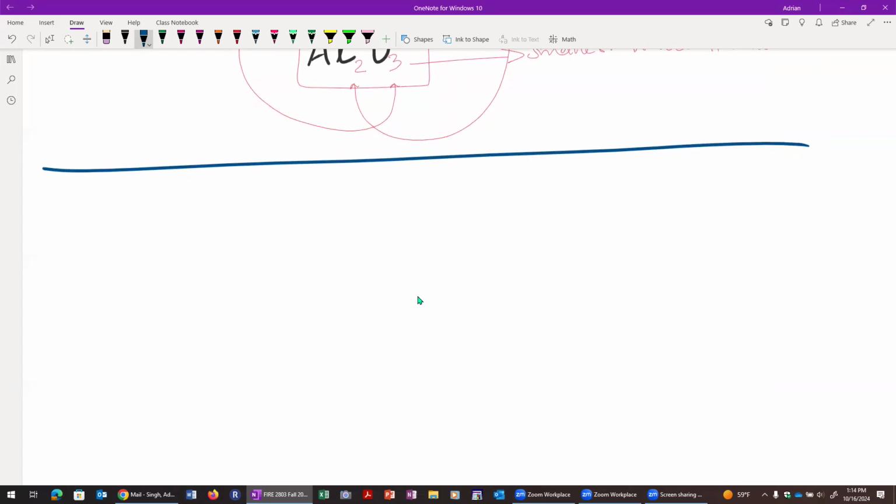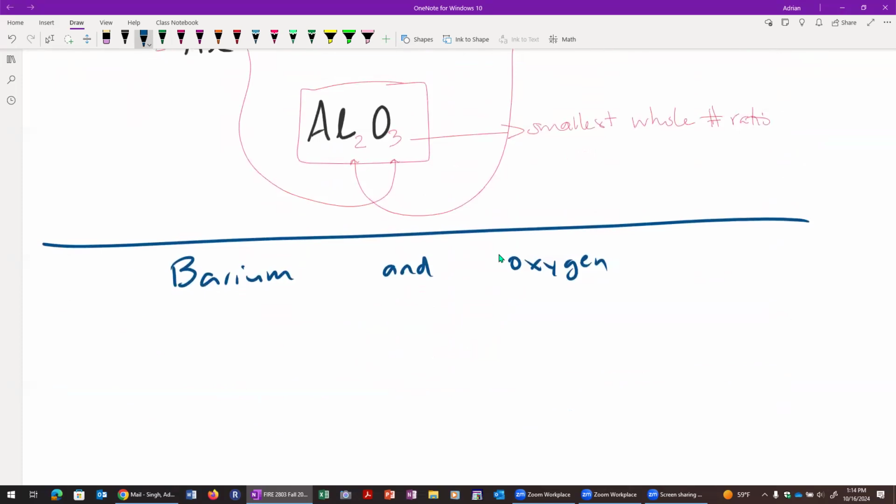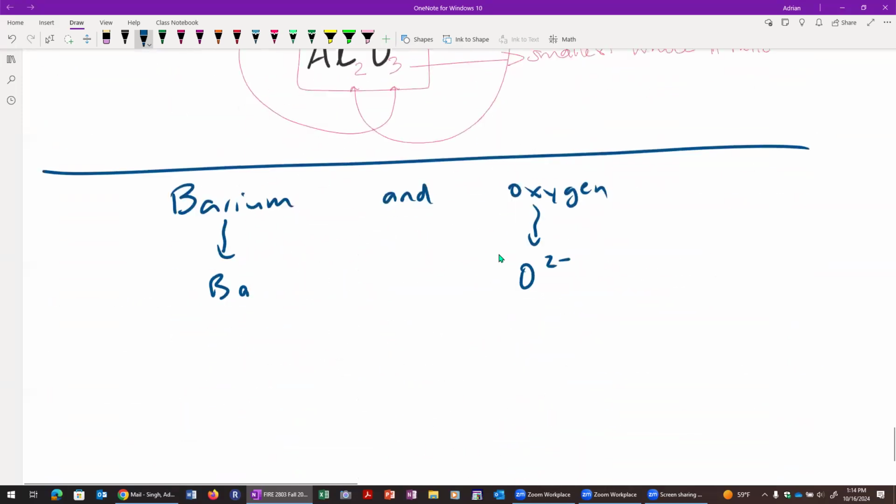Let's take another one. We'll do barium, and we'll do oxygen again. Okay, so we already know oxygen is going to form a 2 minus from the one above. So O is 2 minus. And then barium is Ba. Barium is in group 2, just like calcium is.